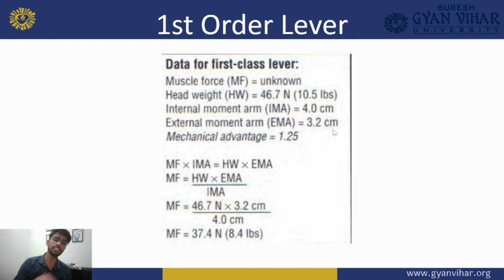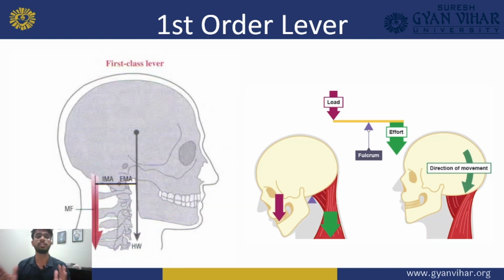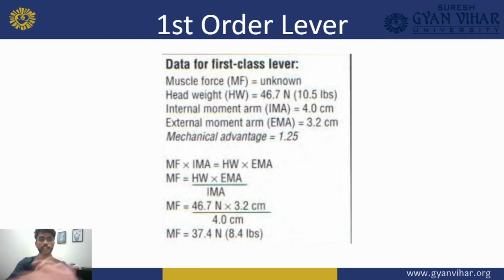Then by using this calculation, we can find out the muscle force produced by the muscle, right? In this case, it comes out to be 37.4 Newton, or 8.4 lbs if we go with the US system. Because both the torques are equal and it is in equilibrium, we can use this calculation and find out the muscle force.